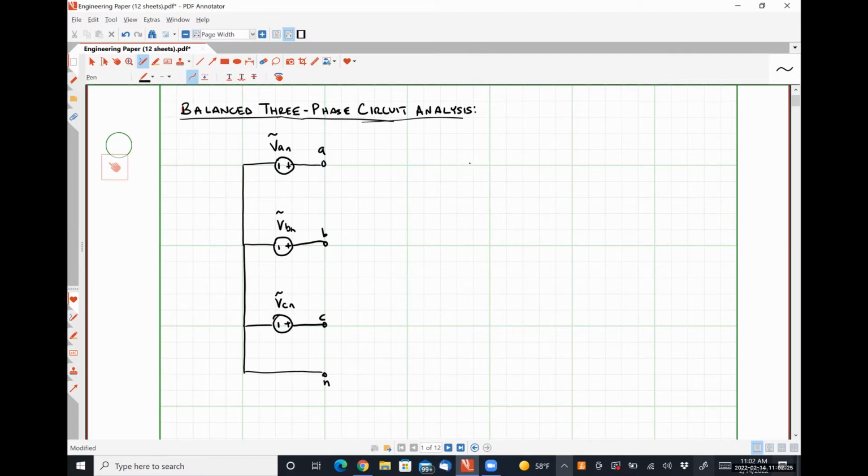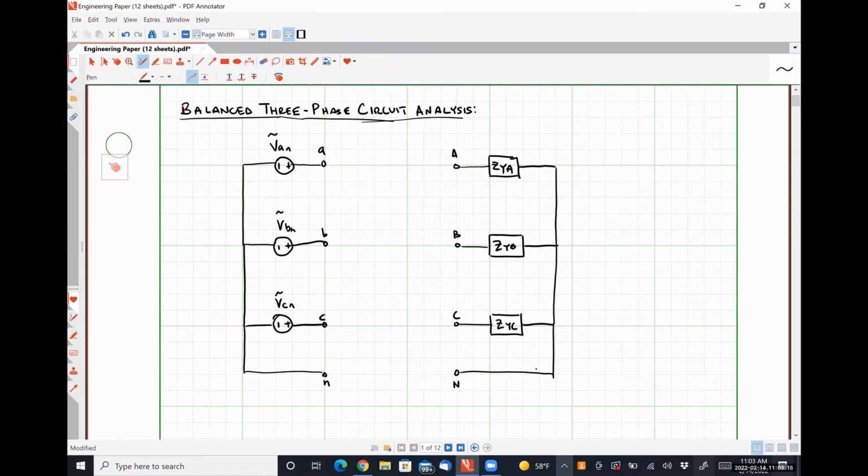And then over here, we're going to have a Y connected load having impedances ZYA, ZYB, ZYC, like so.